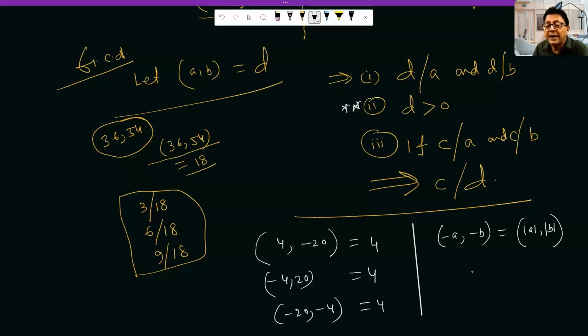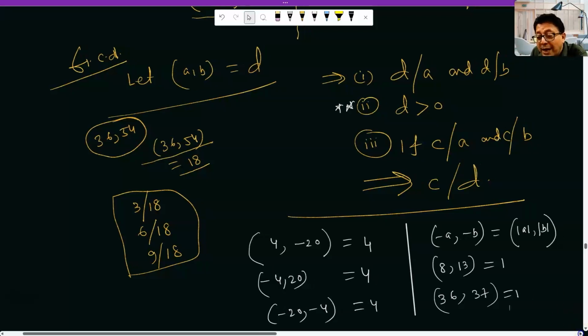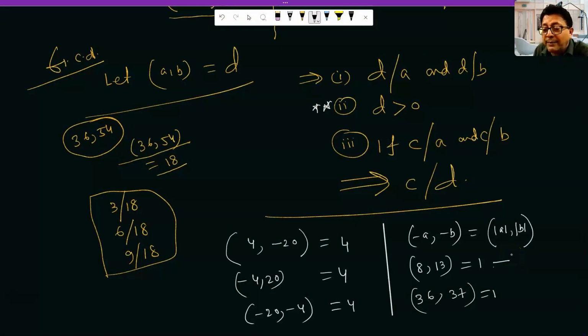Okay? And another thing, GCD of numbers like 8 and 13 is 1. GCD of 36 and 37 is 1. What are these numbers called? These are called co-prime numbers.